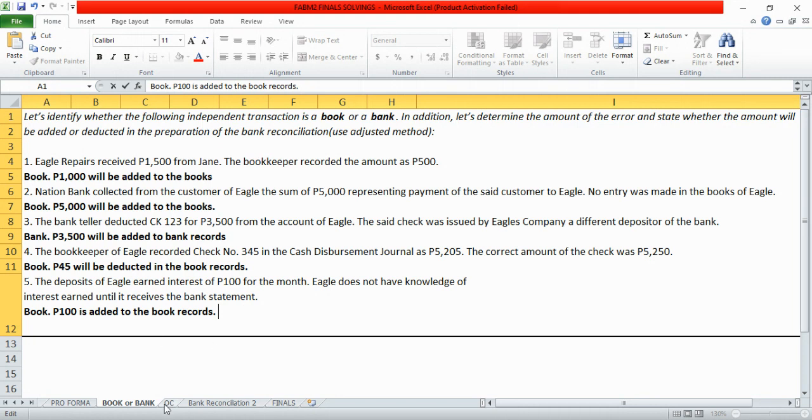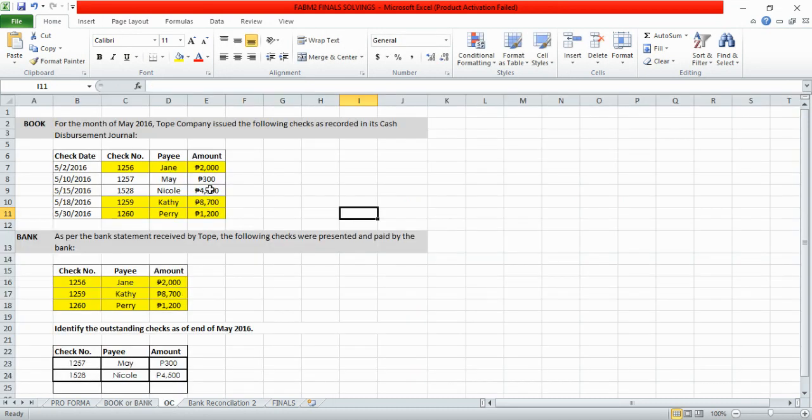Next, let's proceed to an example of our outstanding check. For the month of May 2016, the company issued the following checks as recorded in its cash disbursement journal. So we have the check date, check number, payee, and the amount. Here we have check number 1256.